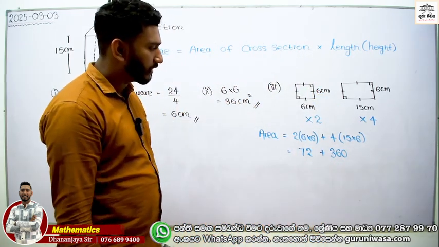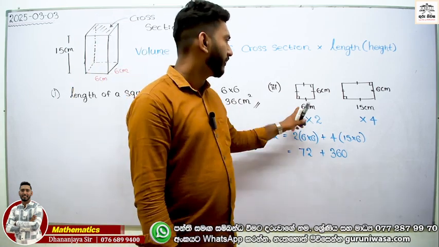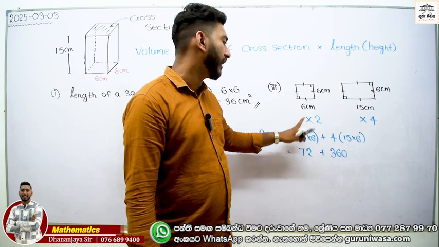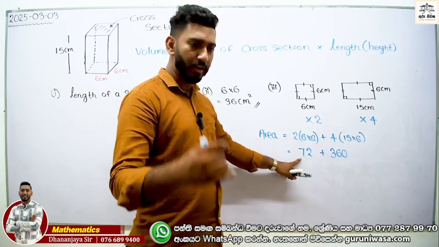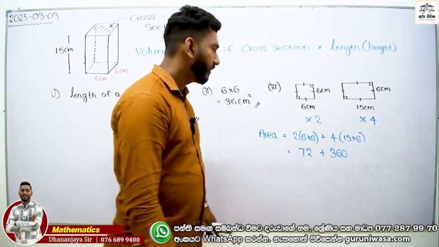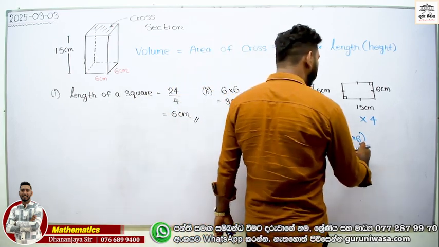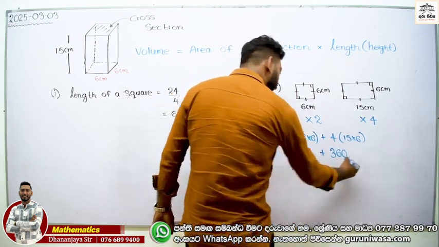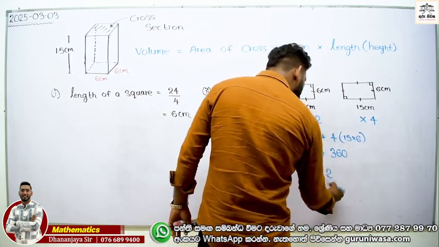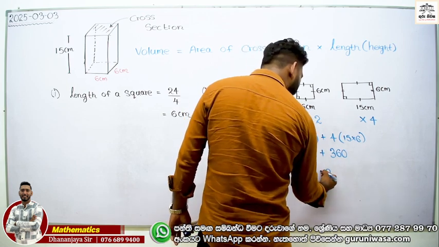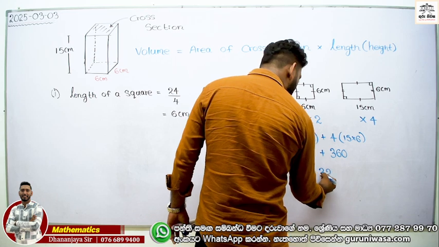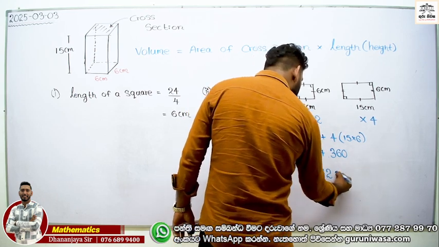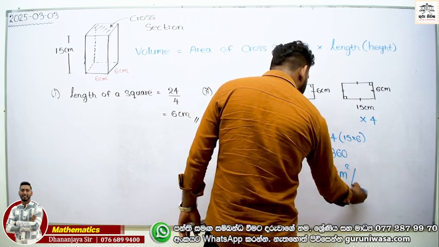6 times 6 is a 36. 36 times 2 is a 72. Right? And the 15 times 6 is a 90. 90 times 4 is 360. Now we can add 0 and 2 becomes 2, and 6 and 7 becomes as a 13, and 432 cm squared.